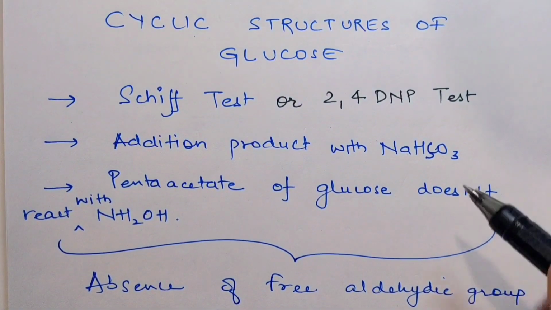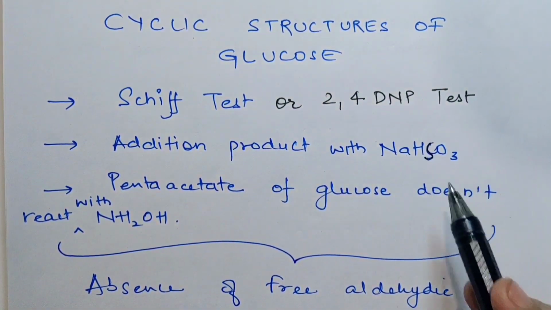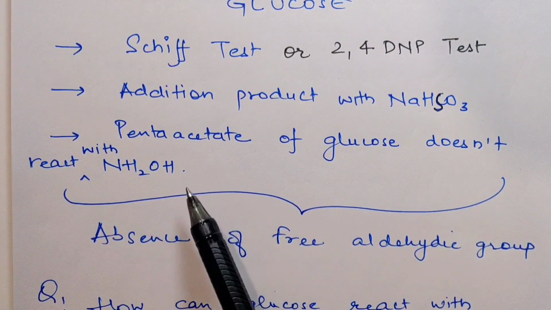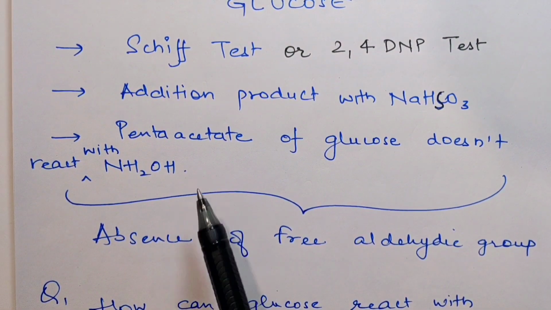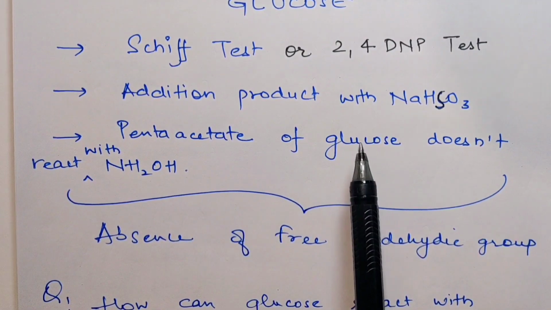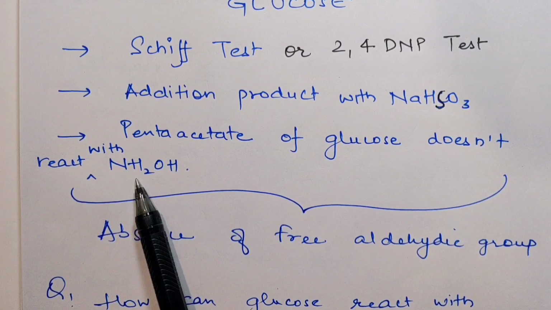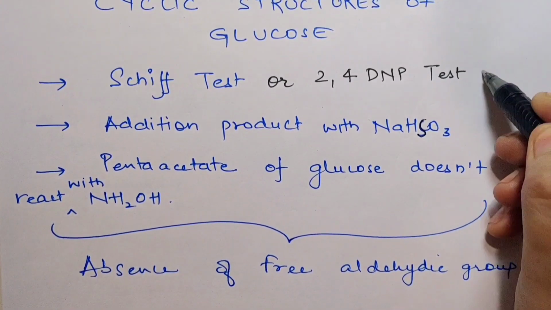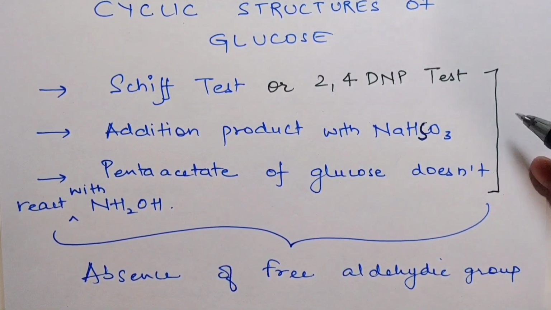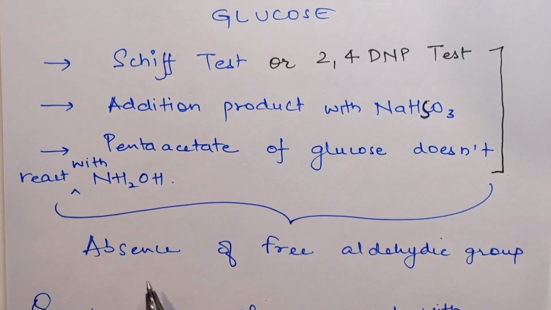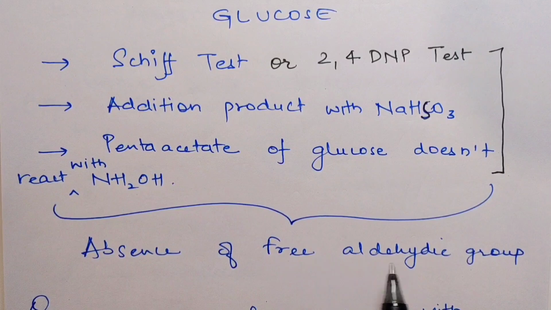Then glucose also doesn't show reaction with sodium bisulfite. Then glucose shows a reaction with hydroxylamine, we saw that, but the pentaacetate of glucose does not give a reaction with hydroxylamine. Now why is that? These 3-4 exceptions prove that there is an absence of free aldehydic group.